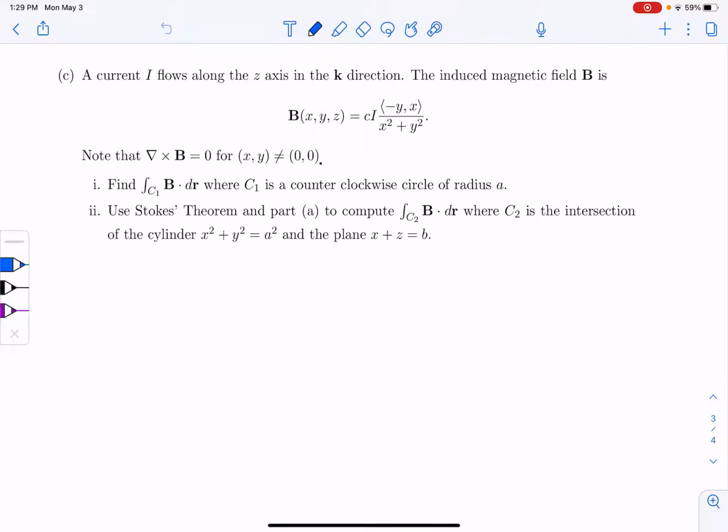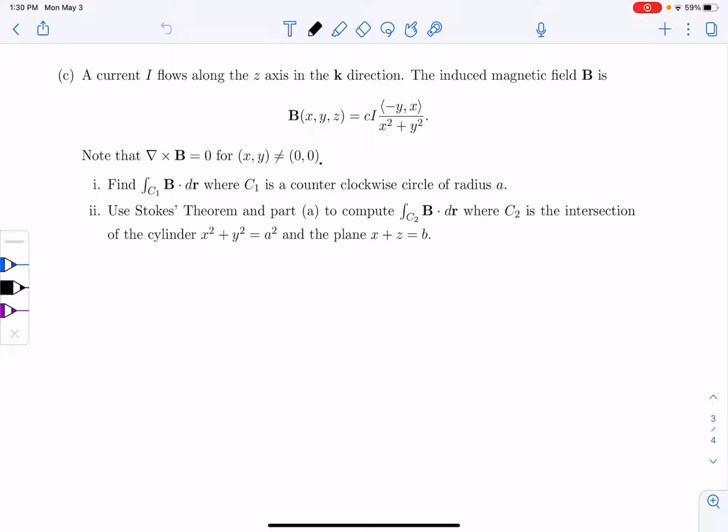Our last example will be to calculate the work performed by a magnetic field. So here I have a current I that flows along the z-axis, in the k direction.